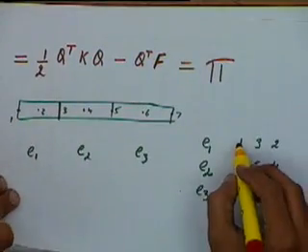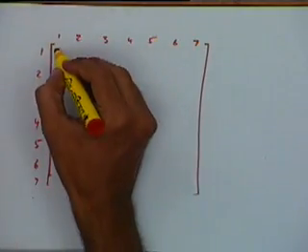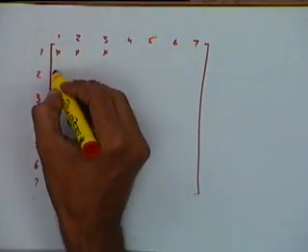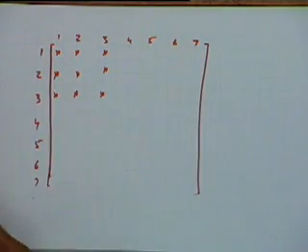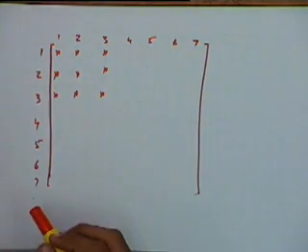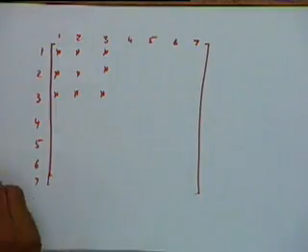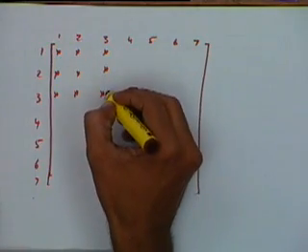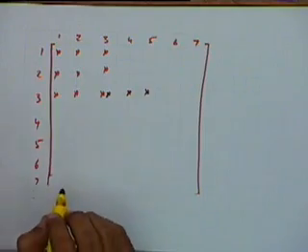my first element is defined between nodes 1, 3 and 2, at these locations. My second element is defined between 3, 5 and 4, so the second element will be defined between 3, 5 and 4. Mind you, the sequence is important.